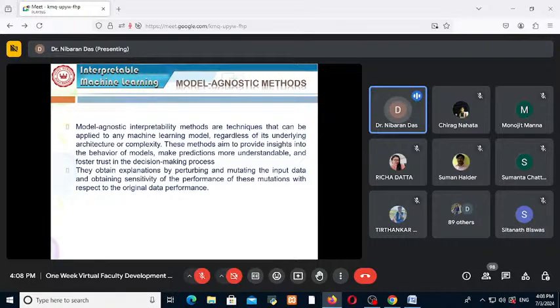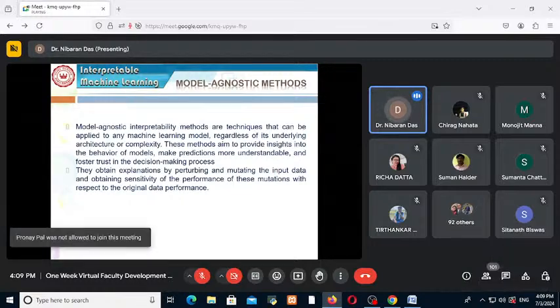So model agnostic interpretability methods are techniques that can be applied to any machine learning model regardless of its underlying architecture or complexity. This is a very important point. As we discussed at the beginning, whenever the accuracy is increasing, the interpretability of the model becomes low, so it would be difficult to explain them properly. But in the medical domain, without interpretability, the system could not be relied on.